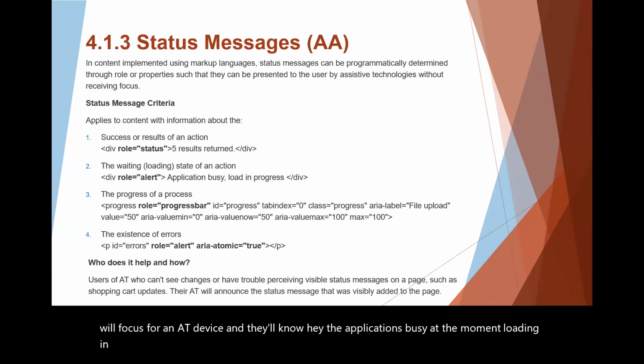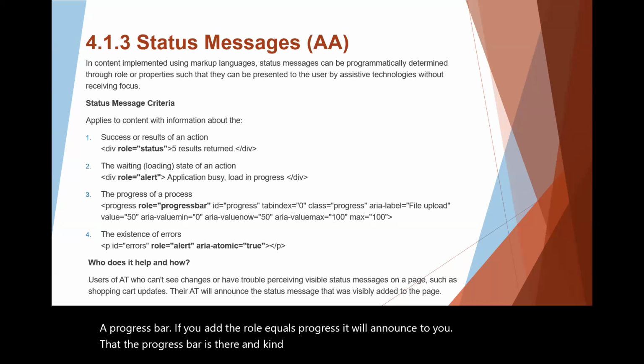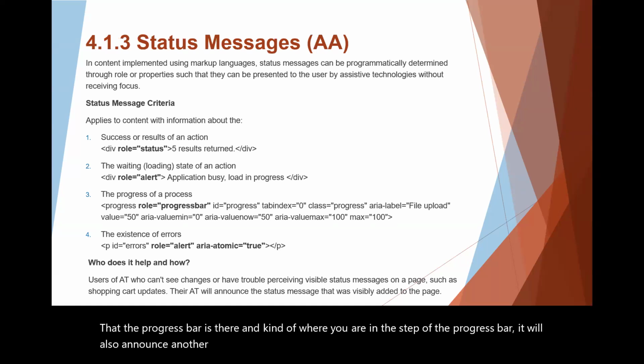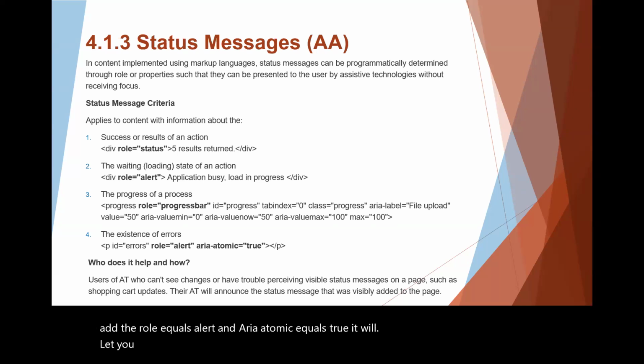A progress bar, if you add the role equals progress, it will announce that the progress bar is there and kind of where you are in the steps of the progress bar. It will also announce another role, alert, and it will alert you that the page has errors. And if you add role equals alert and aria-atomic equals true, it will let you know that there is an existence of errors there.